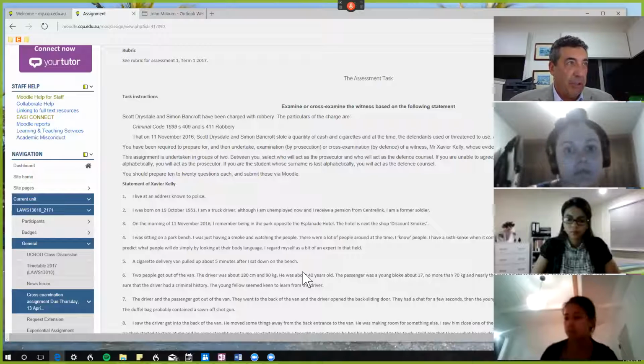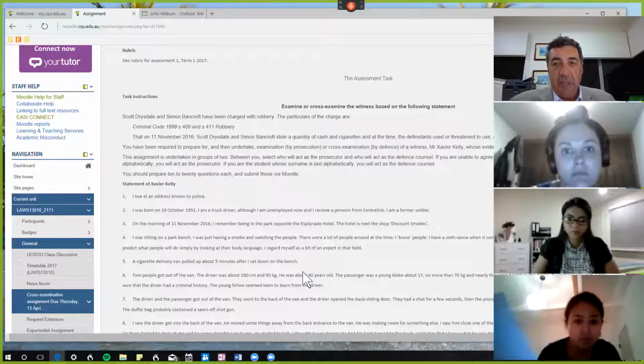So if you're the prosecutor, you're examining. If you're defence counsel, you're cross-examining a witness. And it relates to two people, Scott and Simon, who have been charged with robbery, and the particulars of the charge are outlined in the statement.